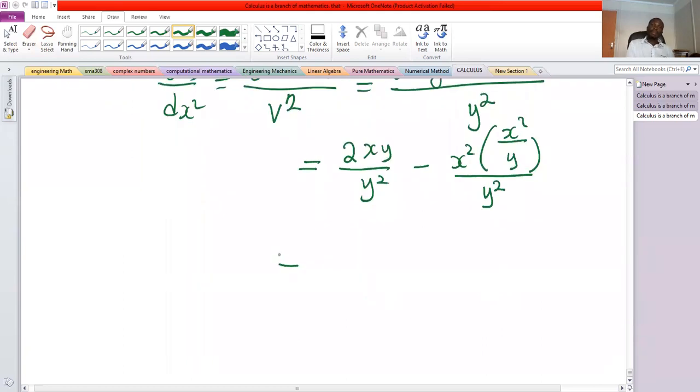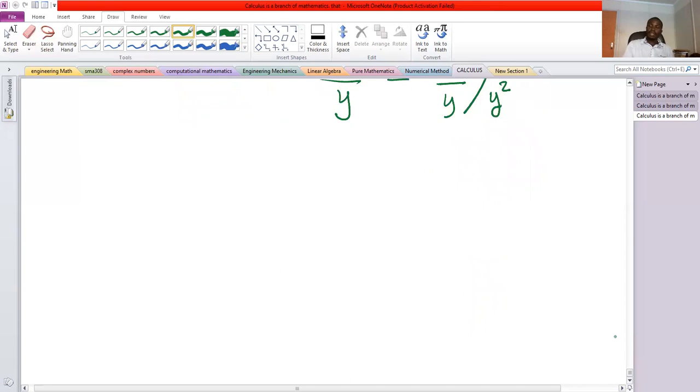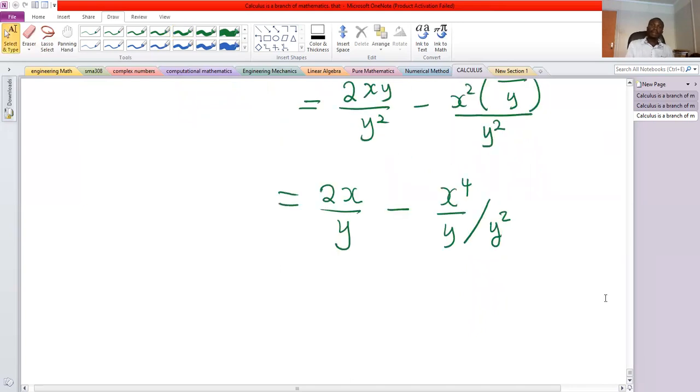So here we have 2x over y minus, so this will give us x to the power 4 over y divided by y squared. Which is the same thing as writing 2x over y minus x to the power 4.